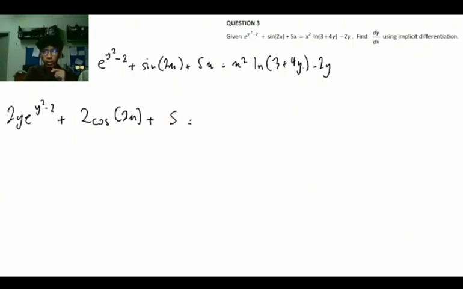On the right side we need to use the product rule, which is u prime v plus u v prime.